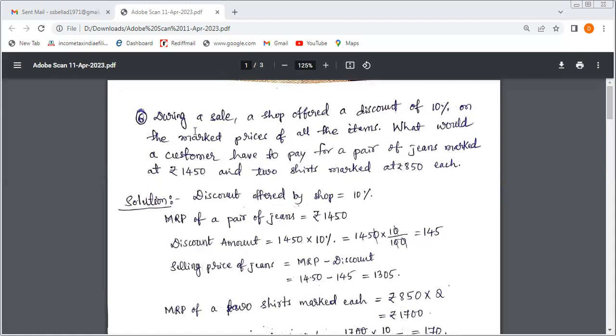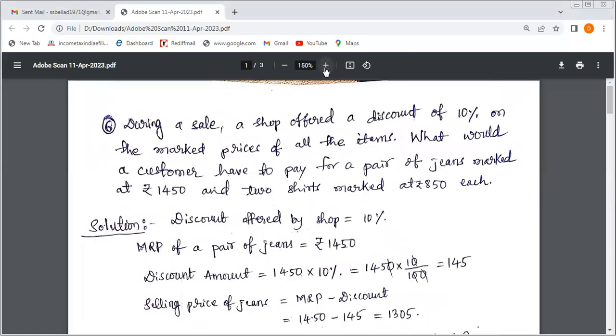So the problem number 6 is like this. During a sale, a shop offered a discount of 10% on the market price of all the items.